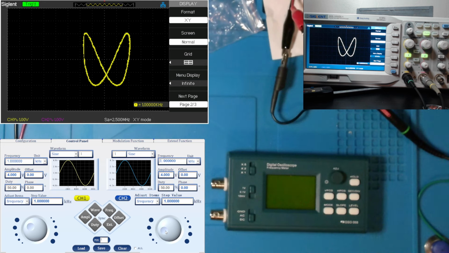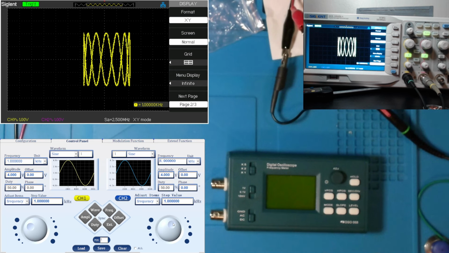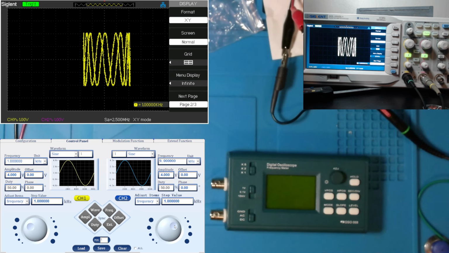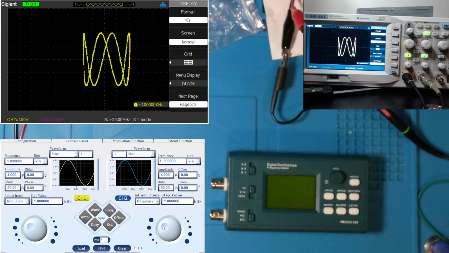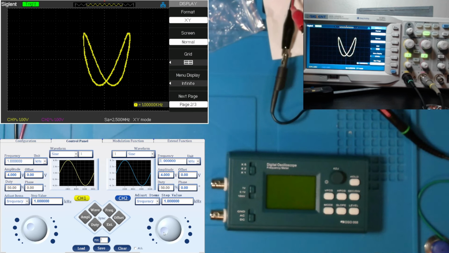But yeah, we got a bow tie pattern this way as well. Well, if we change our amplitude. Anyhow, let's move on to components and Lissajous patterns.